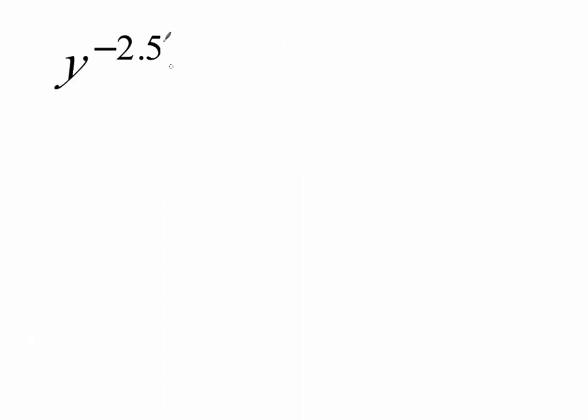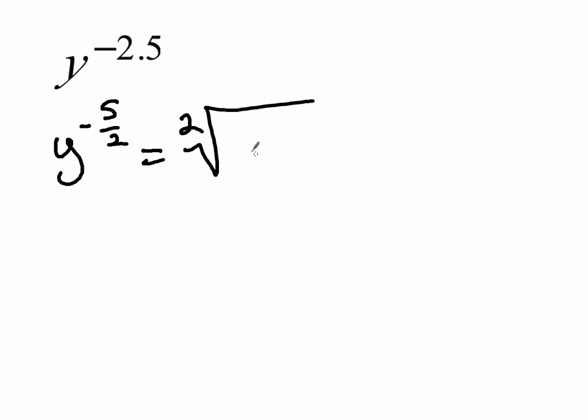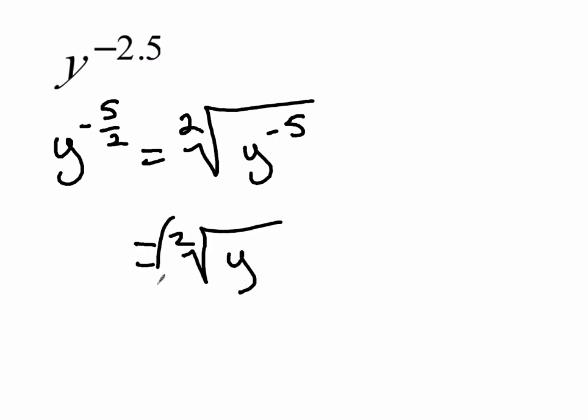Okay, and if I had something like this, y raised to the negative 2.5, that's the same thing as y to the negative 5 over 2, which I could write as the square root of y to the negative 5. Or, this is when it's useful to write the negative on the outside, because when you have a negative exponent, that's the same thing as saying 1 over that.